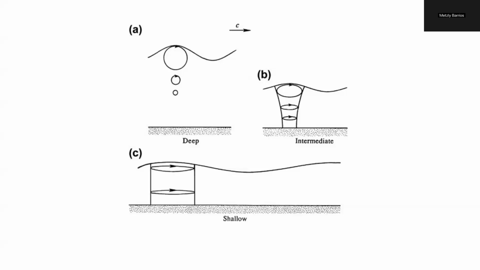Okay. So we can see, of course, this would be the opposite version here. h over lambda is less than 1. And now we can write what this is for each of them. Right? So if this thing is 1, in the deep case, c equals the square root of g lambda over 2 pi. And if this is x, well, then the 2 pi's cancel, the lambdas cancel, and it's just the square root of gh.